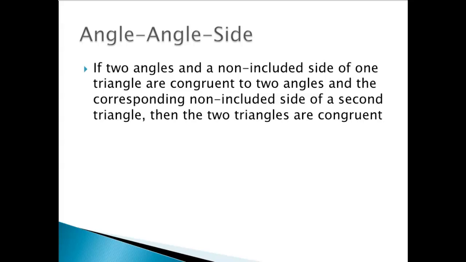This is because this side is the non-included side. It is not the side that is between those two angles. However, you want to be sure that that non-included side is the correct corresponding non-included side. It will be attached to one of the congruent angles.